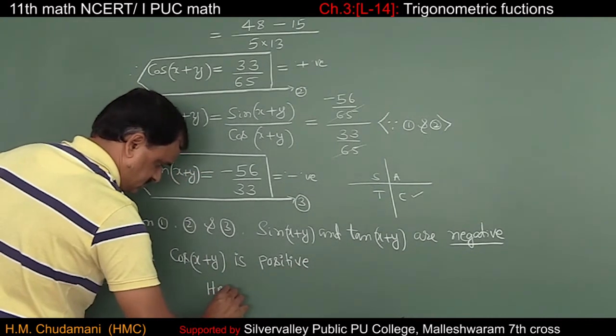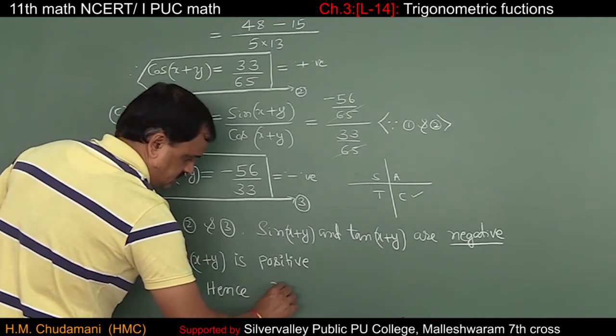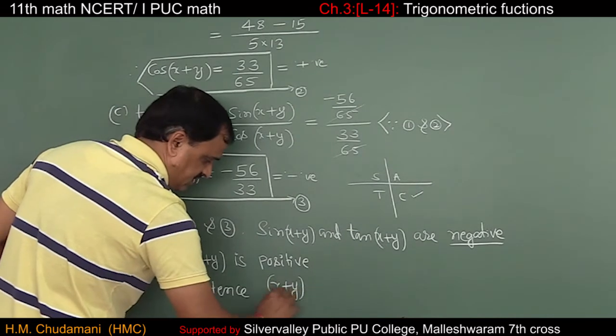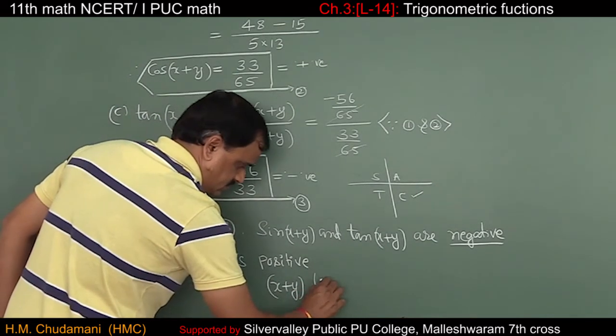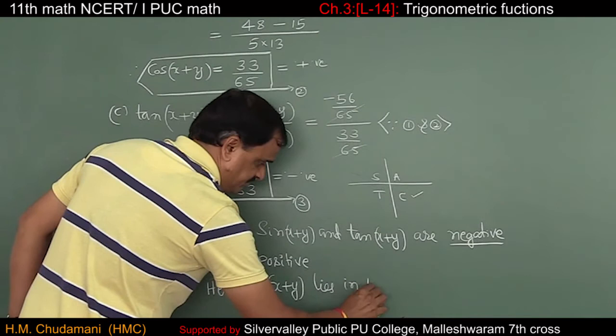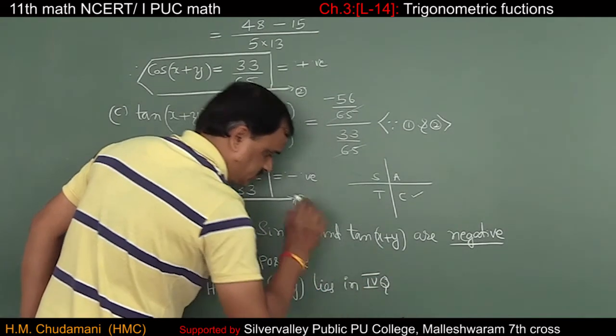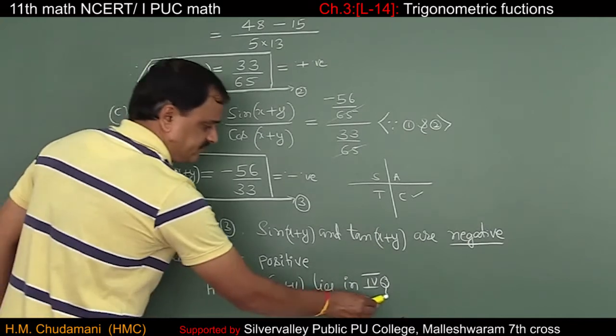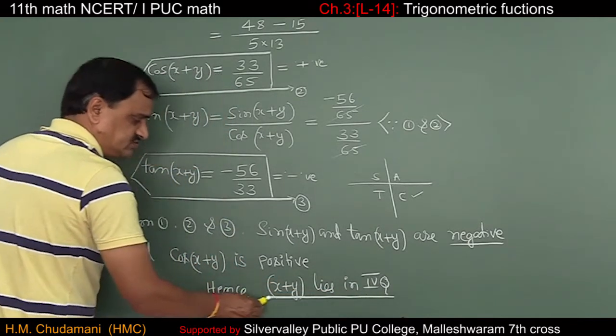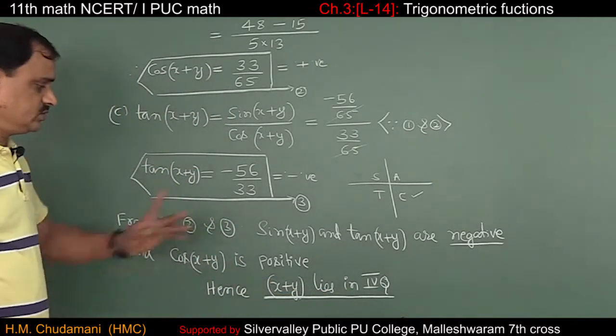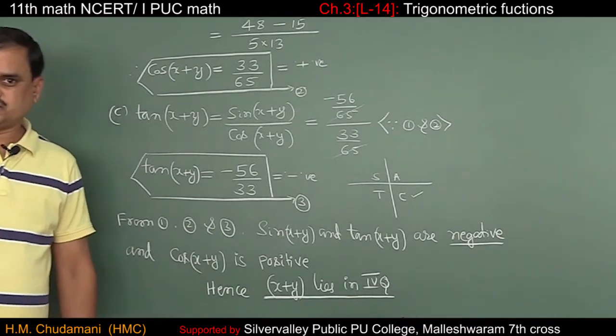Hence the angle x plus y lies in the fourth quadrant, okay. So where does x plus y lie, they'll ask. It lies in the fourth quadrant.